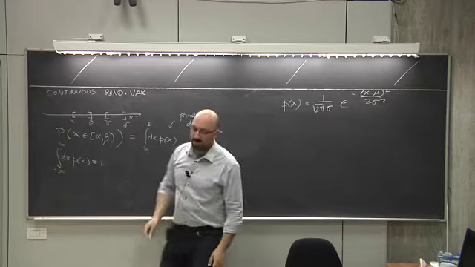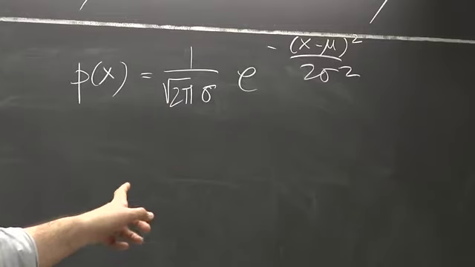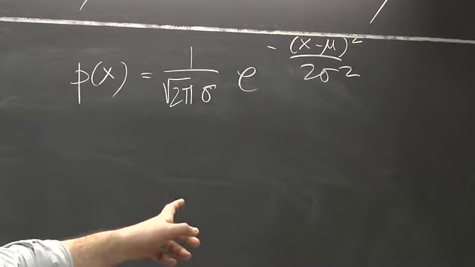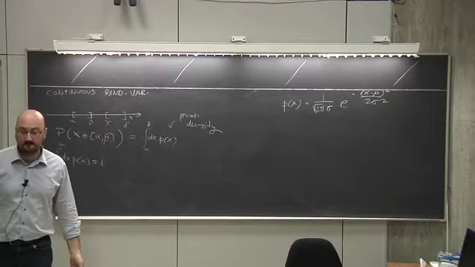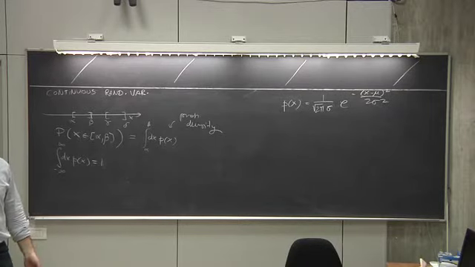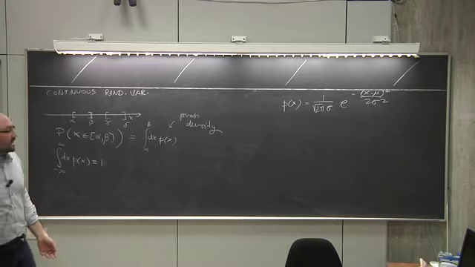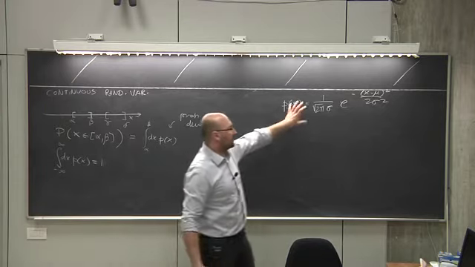What is this form called? Gaussian distribution or normal distribution. Normal because it's so common, with 2 sigma squared in the exponent. So this is the functional form.